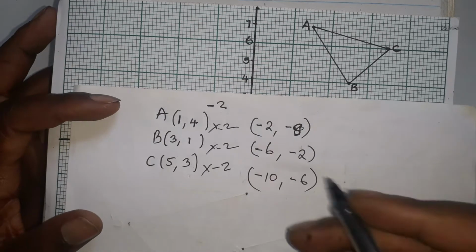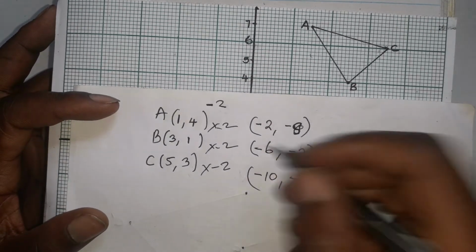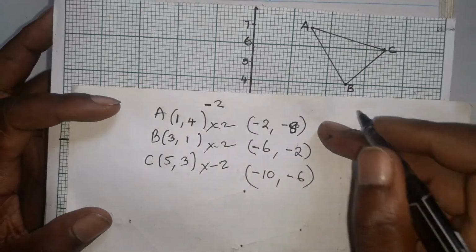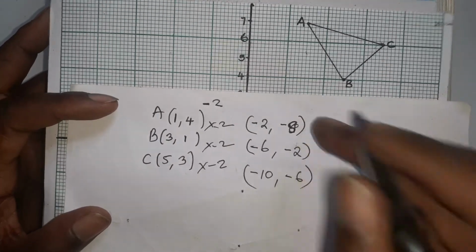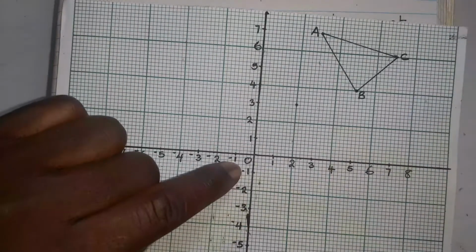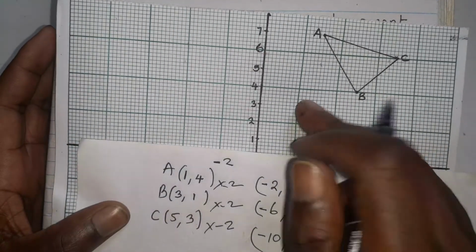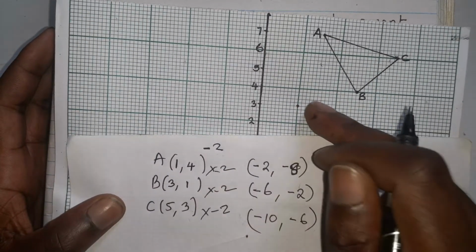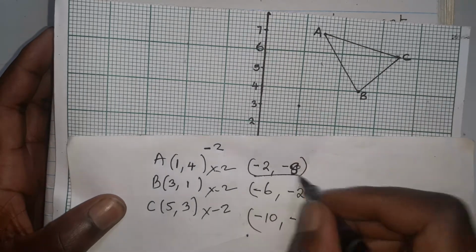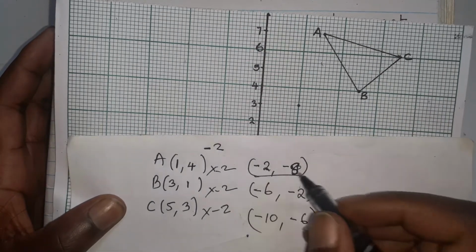So these coordinates have their own center, which is the center of enlargement. Please don't use this origin here to plot these coordinates. No, we are using this point as our center. Take note of that. So we start with the first one. It is -2, comma, -8.